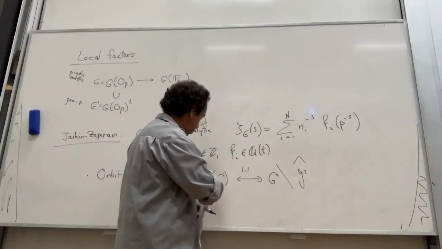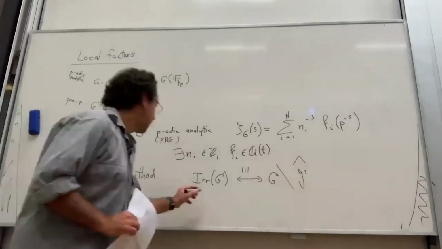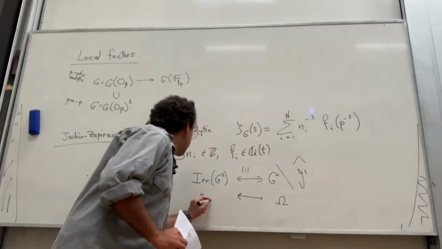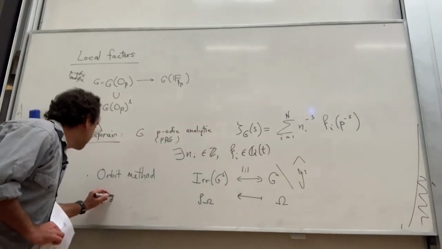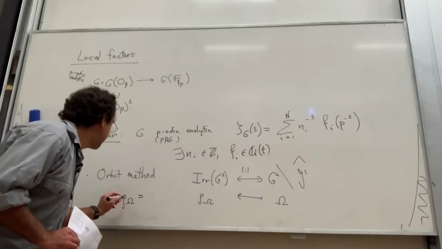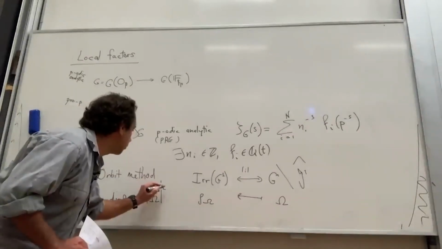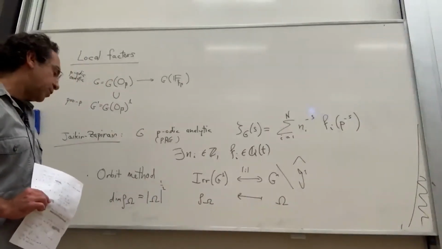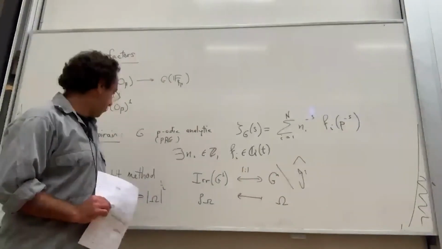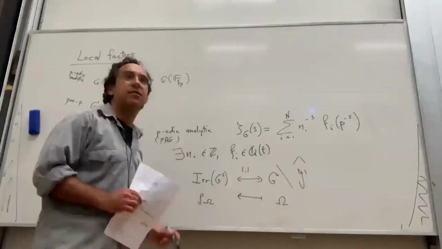And the irreducible representations of G are in bijection with these orbits, where an orbit goes to an irreducible representation, and the connection between the dimension and the orbit is that the dimension is the square root of the size of the orbit. So these orbits are all finite.